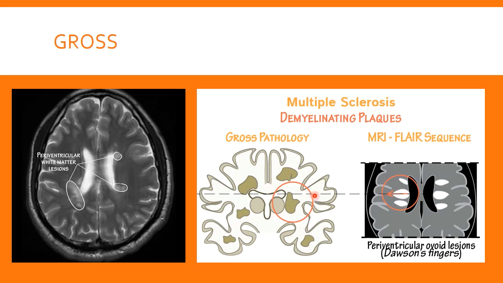So these are nothing but the demyelinating plaques of multiple sclerosis. And what is this plaque? This plaque is composed of the characteristic lymphocytes and these macrophages which are laden with myelin, right?